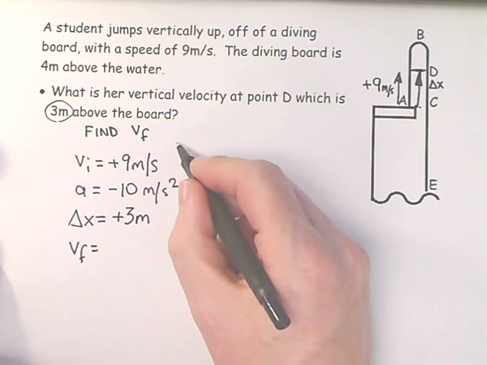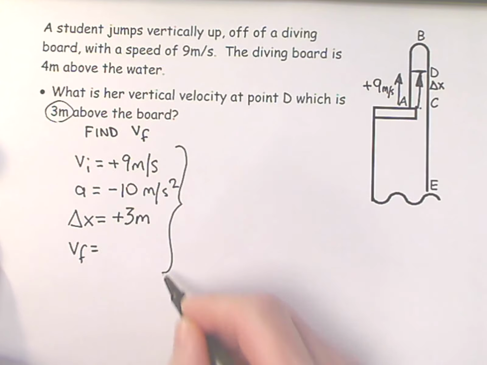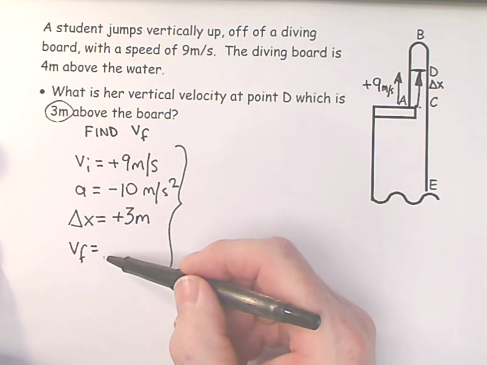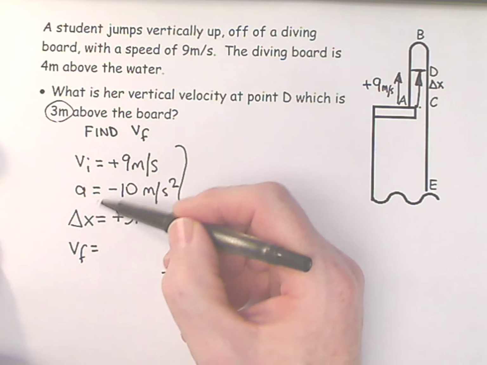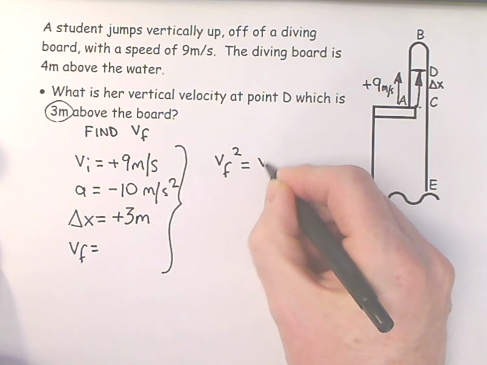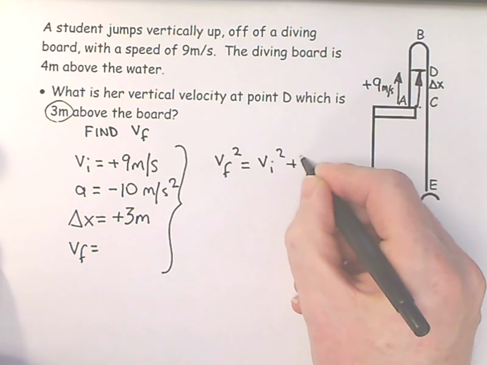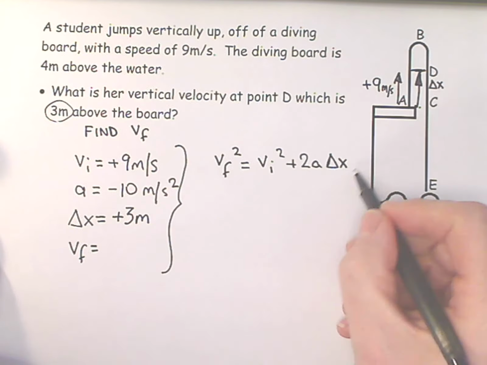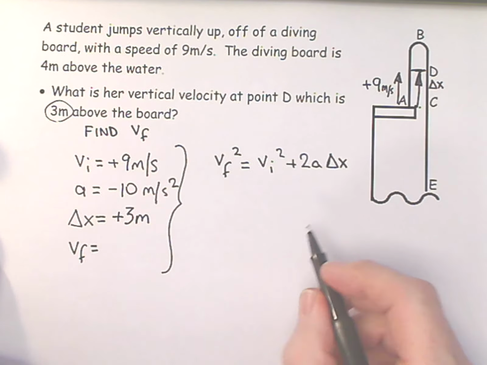So I look at that, and the question I have is, what equation can I use? Let's have a look. VF squared equals VI squared plus 2AX seems like the best one. VF squared equals VI squared plus 2A delta X, delta X being displacement. It's all one symbol, just meaning displacement.